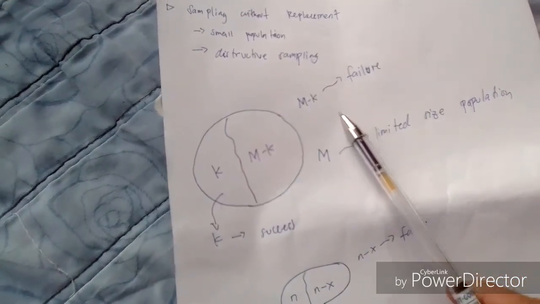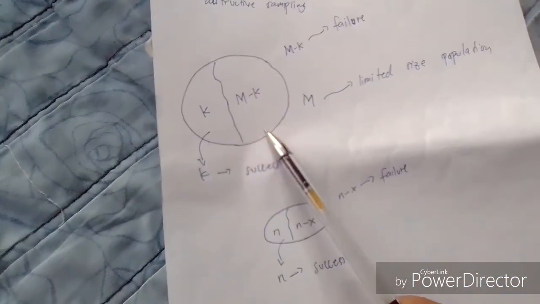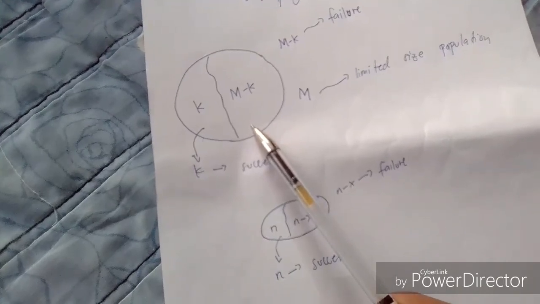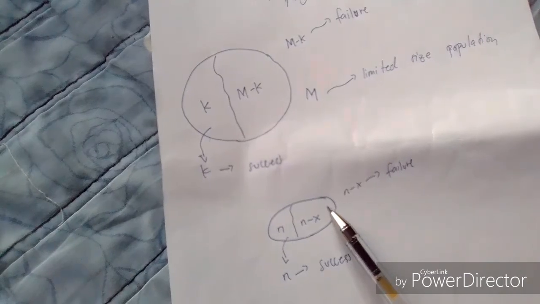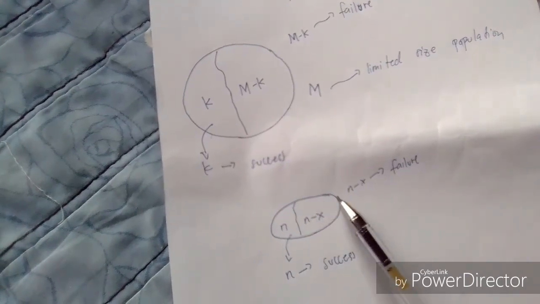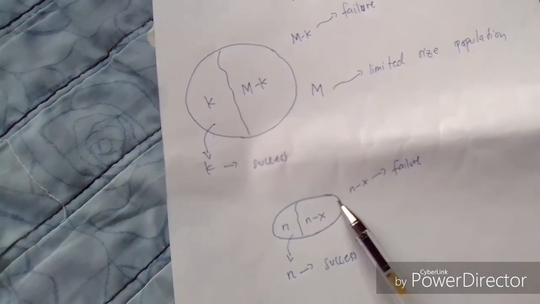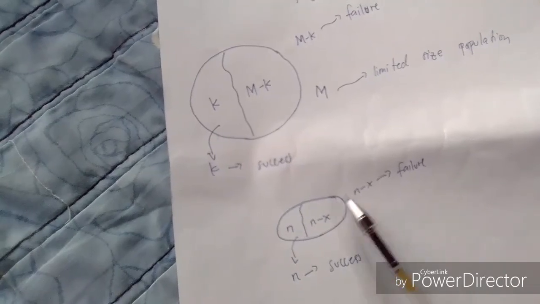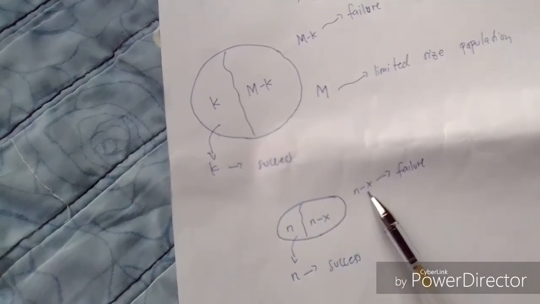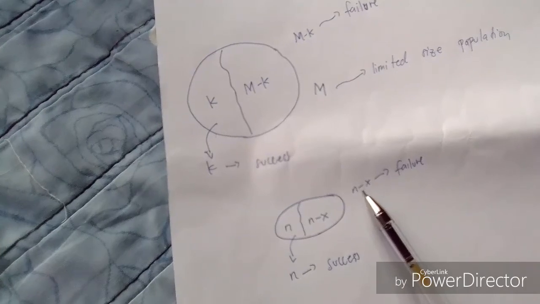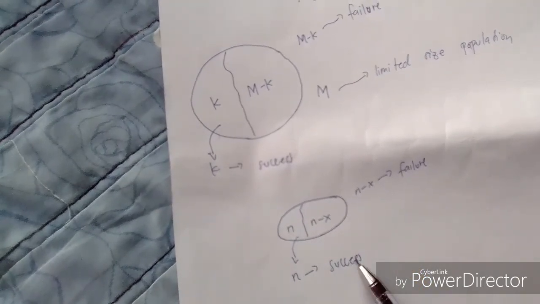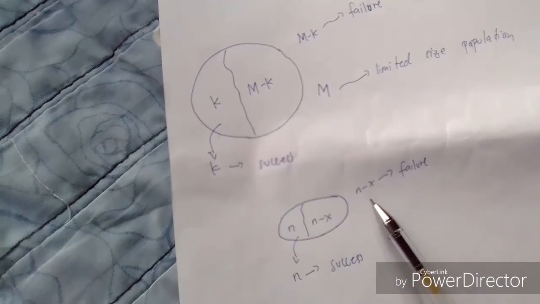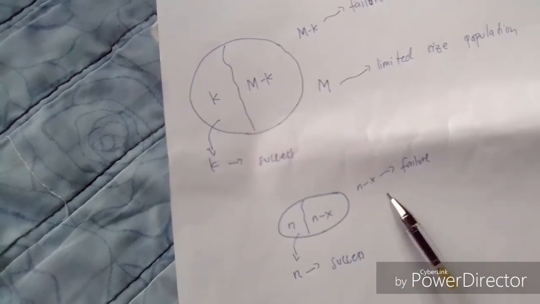So let's say we take a sample from this population, and this illustration is our sample population, which in every trial also has two outcomes: X successes and N minus X failures.